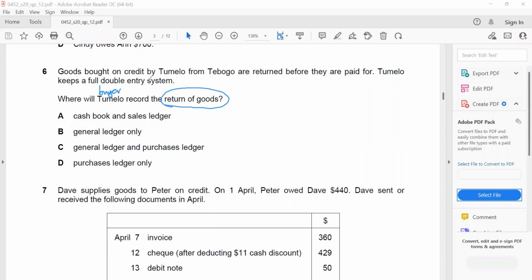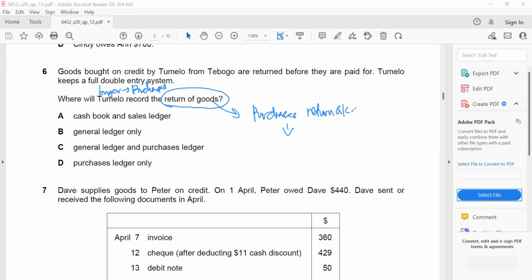So when a buyer buys, they will debit purchases. But now To Milo returns the goods. Buyer is related to the purchases. So now goods returned, it will be the purchases return. So where are we going to record it? This purchases return account.